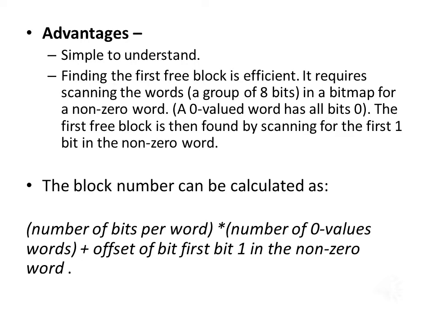The block number is calculated as: number of bits per word multiplied by number of zero-valued words, plus the offset of the first 1 bit in the non-zero word. So this is the formula for block number calculation.